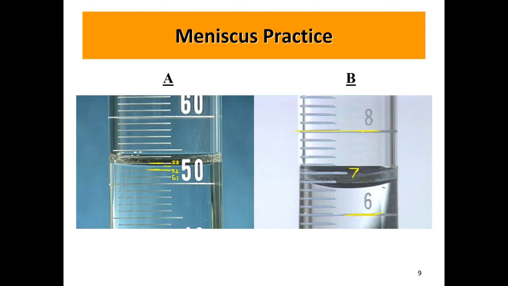And because there's 5 markings, there's 5 spaces. 1, 2, 3, 4, 5. That means that each one of these is actually 0.2 instead of 0.1. So this is 6.2, and this is 6.4.